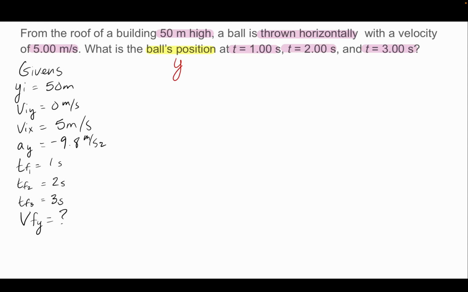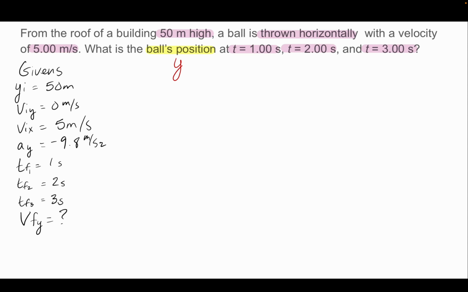It's not going to have a VFY because its VIY is 0. So if you do not have a VFY, then automatically you've got one equation that you can use in the Y, and that is equation number 3. It is the only one that does not have VF in it.